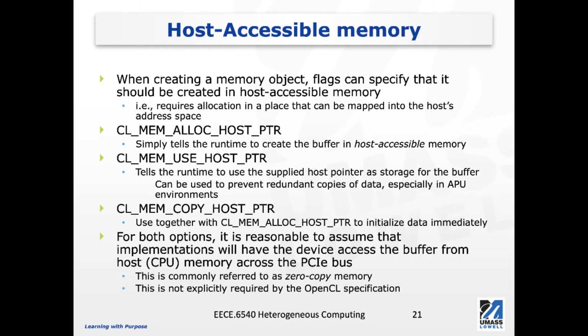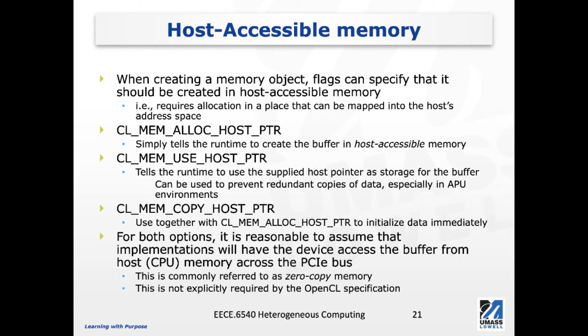This host accessible flag requires that the allocation has to be mapped to a space that is accessible to the host. Oftentimes, if it is on the device side, this part of the memory should be mapped into this memory address space.